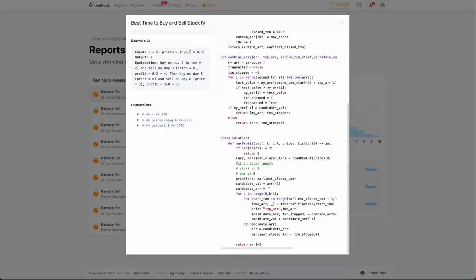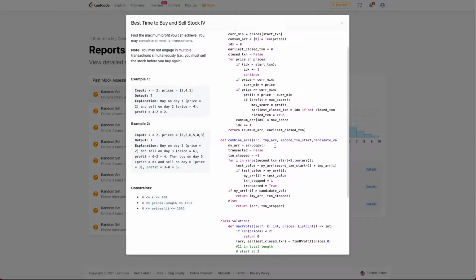If you buy at one time and sell at another time, that's one transaction, and then your second transaction must be after you sold your first transaction. So for example, here the most optimal solution is that you'd buy at price 2, sell at 6, buy again at 0, sell again at 3. And you're going to output 7 as your max profit in this array.